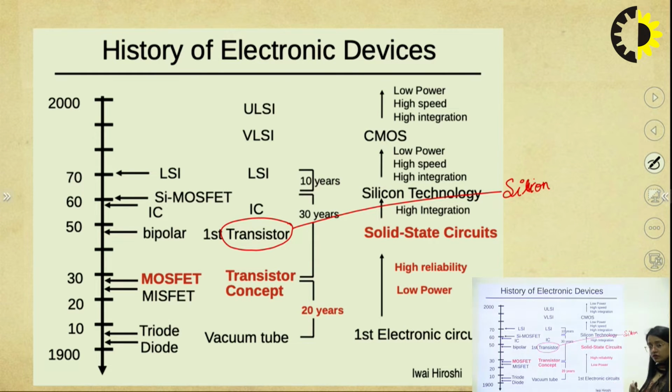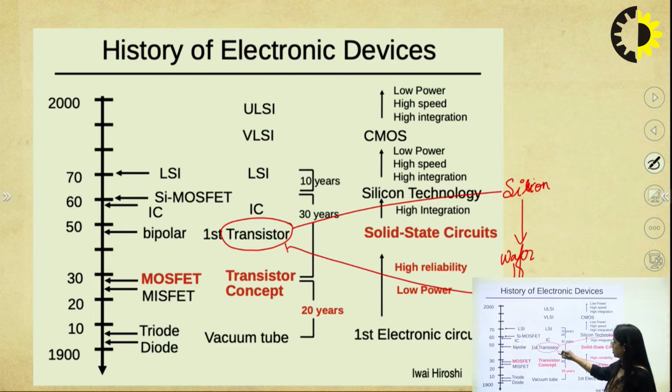For this process, we are going to study Czochralski's crystal growth. We will use the silicon and make a wafer, and this wafer will give me a transistor.